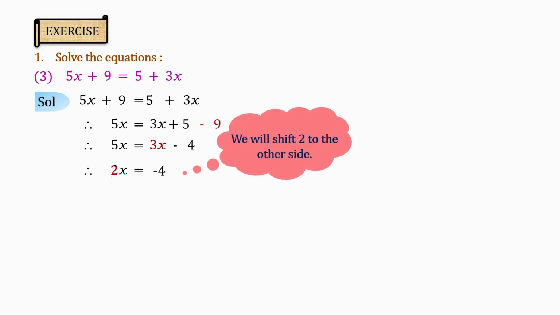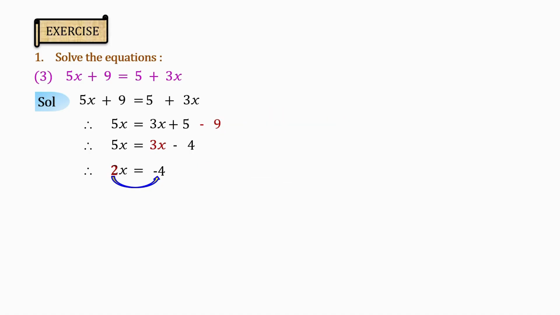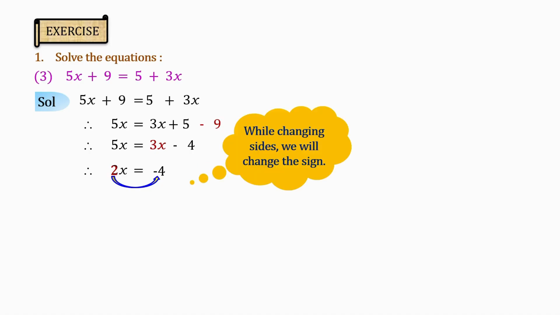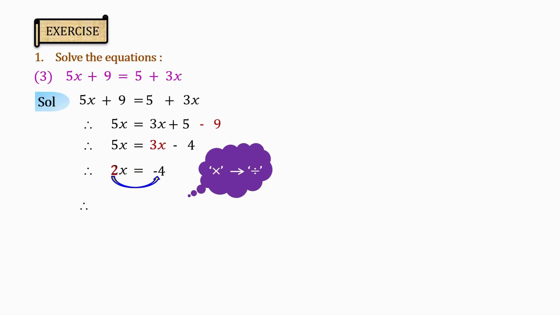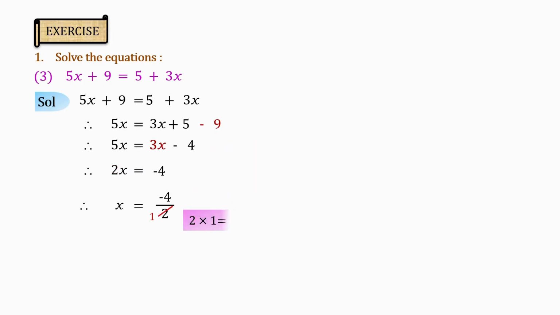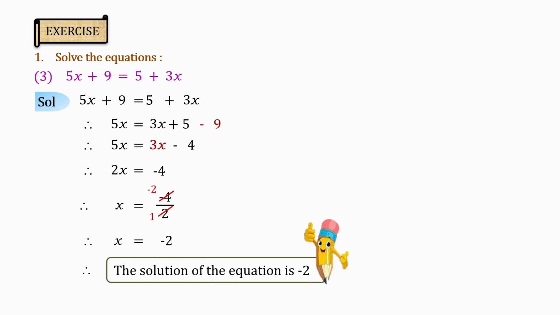And again 2 will be changed to other side and it will change the sign from multiplication to division. So hence x equal to -2. So the solution of the equation is -2 over here.